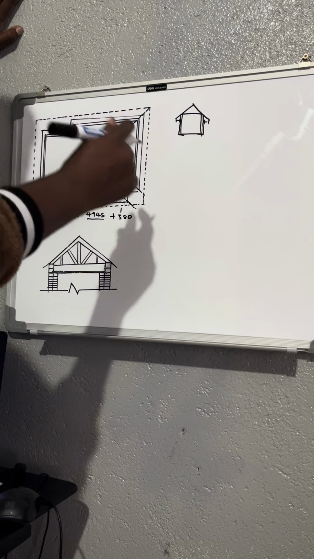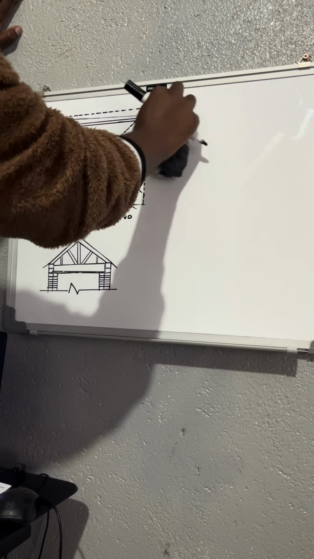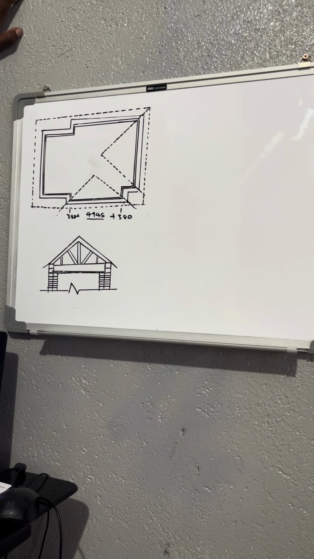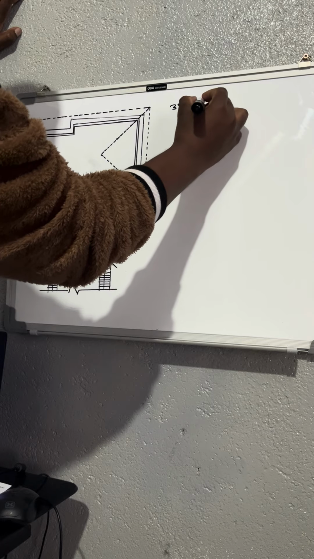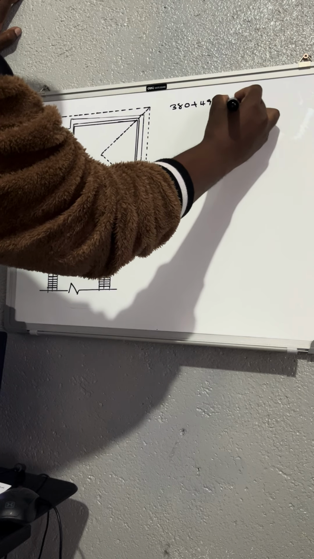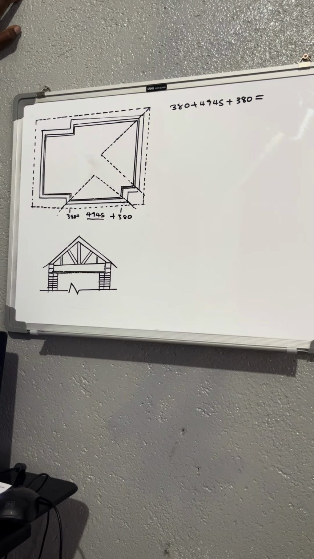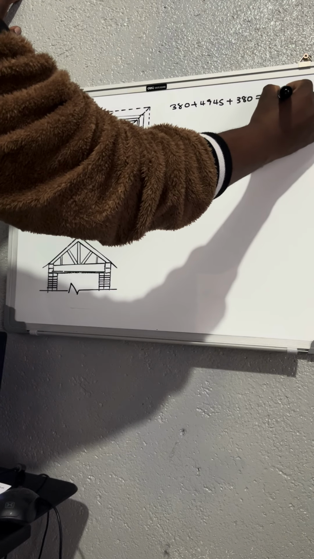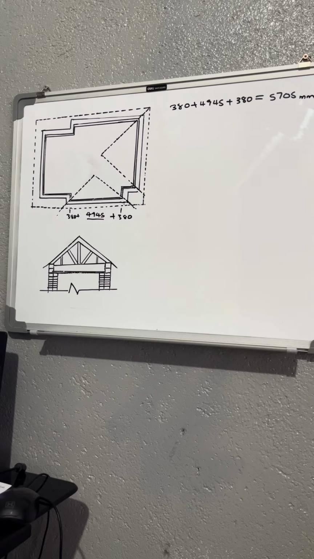So now we're going to work out the new entire length. What do we have? We have our 380 plus 4945 plus 380, then this gives us 5705 millimeter, you see.